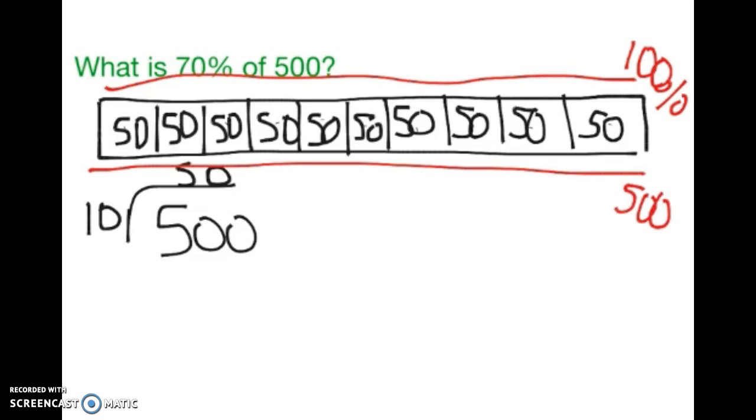So we need to know what 70% is. So we could shade 7 sections. 1, 2, 3, 4, 5, 6, 7. So we could either add 50 up 7 times.